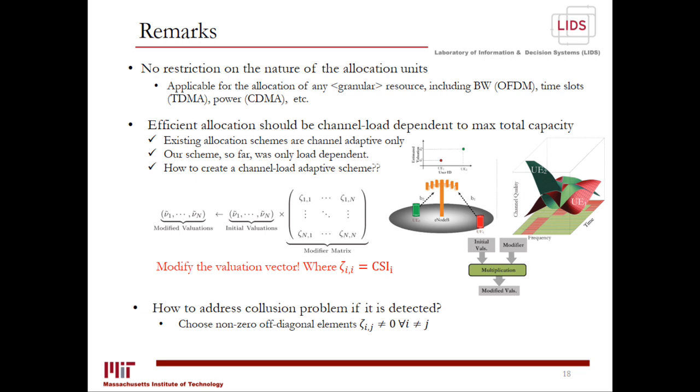This way, we're going to be perturbing somehow the motivations of devices to change the valuations in a direction that they can, for example, achieve more bandwidth for less amount of money. And by setting these non-diagonal values to non-zero amounts, we will be able to achieve that.